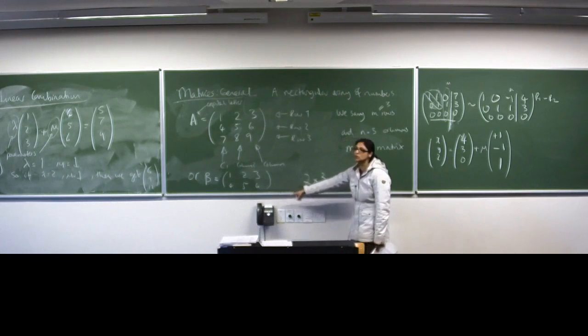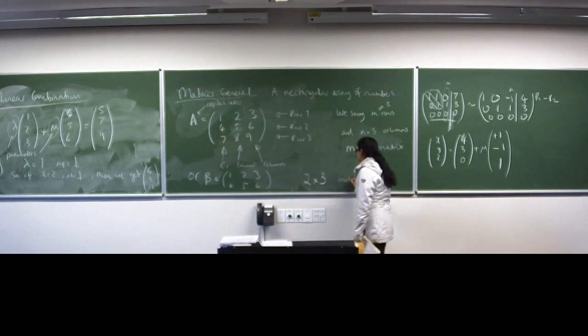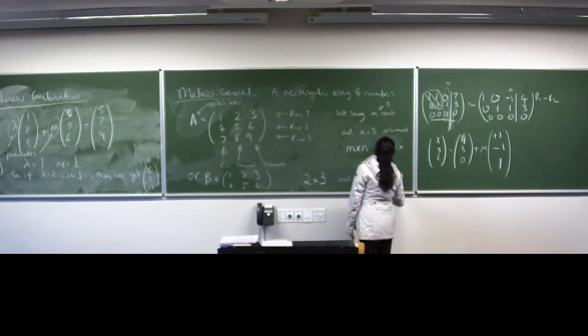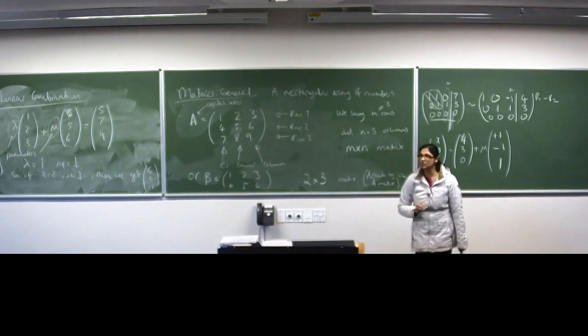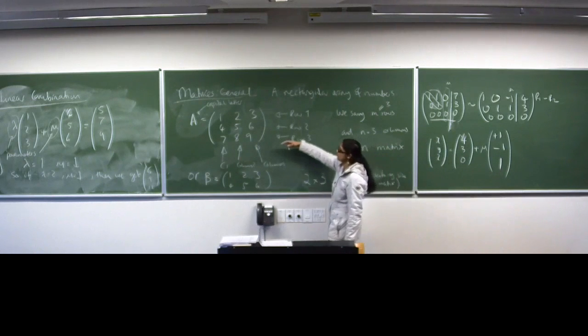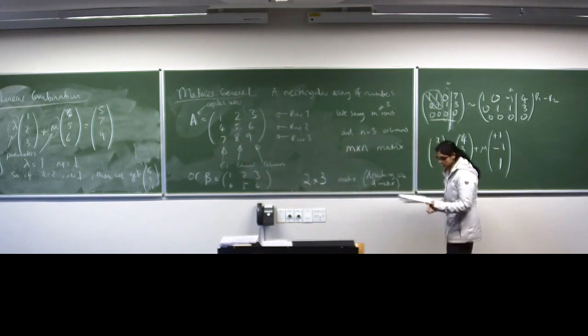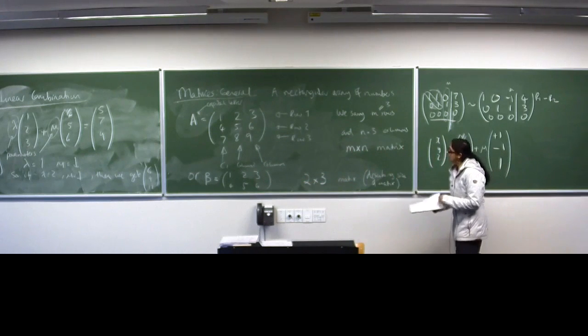So this is what we would call a 2 by 3 matrix. This is describing the size of a matrix. Okay, so when we talk about matrices, this is a 3 by 3 matrix, this is a 2 by 3 matrix. Okay.